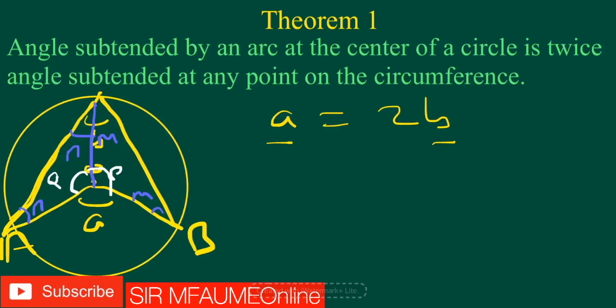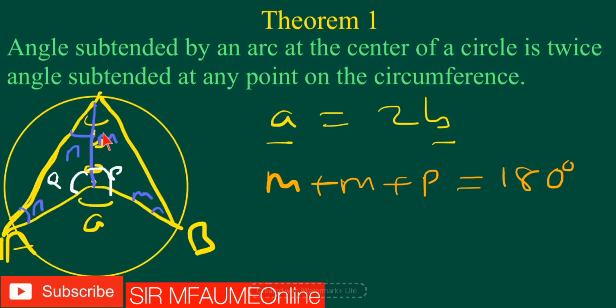Now from there, if you consider the first triangle, this triangle, when you take this M plus another M here, then plus P will be equal to 180 degrees, because this triangle consists of 180 degrees.